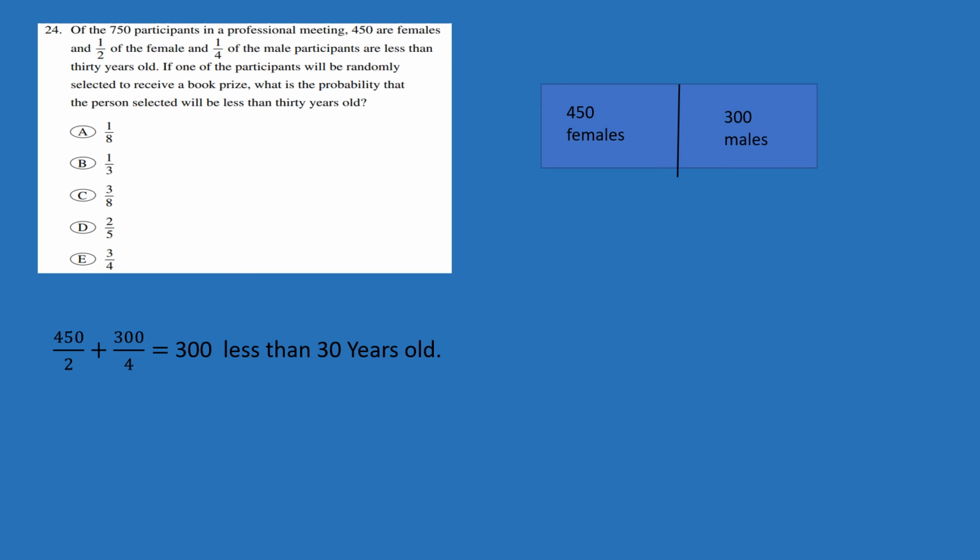Half of the female and 1/4 of the male, which is 300. It says 300 of them are less than 30 years old. So the probability of selecting this will be number of favorable outcome is 300 out of the total 750. So the answer is 2/5 here for the probability, and hence the answer is D for this question.